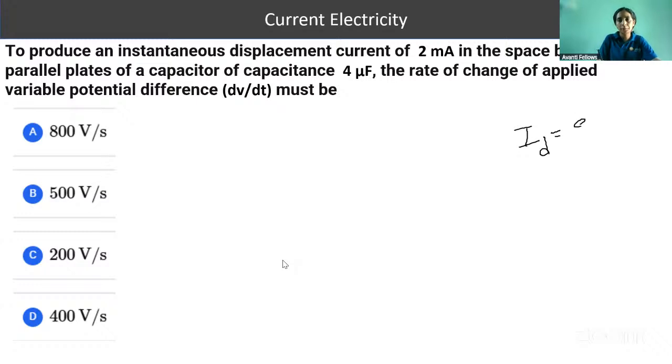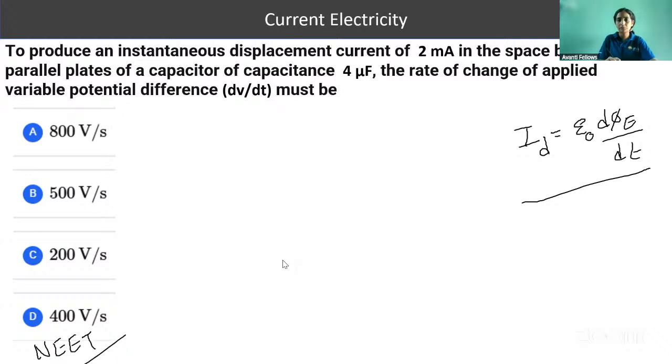And its formula you can write as epsilon naught d phi e by dt, where phi e is the electric flux in between the plates of the capacitor. So this is the formula you have to use. And this question again came in NEET 2024 or 23, like that. So it is a NEET question, a recent question it is.